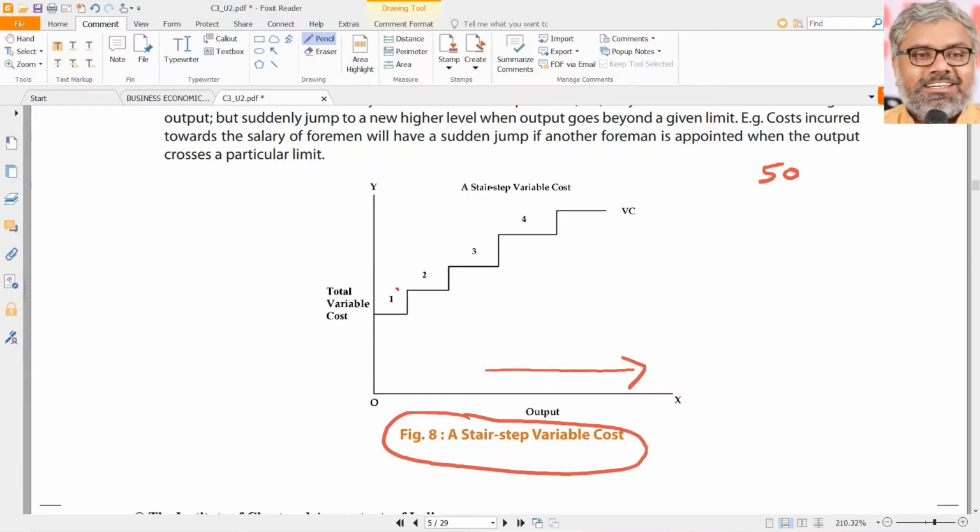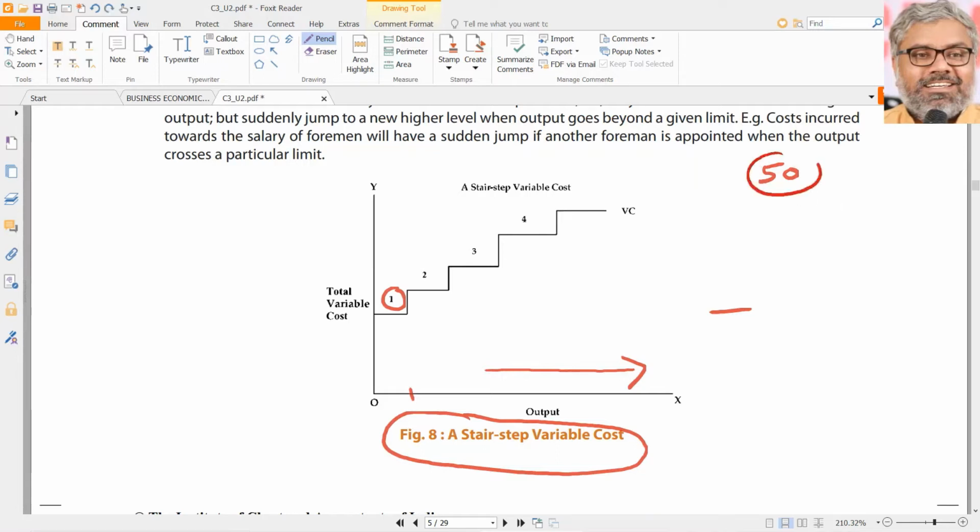Let us take this example only. Let us say one bus is enough if the level of activity is up to 50 students. One bus enough means whatever the bus charge will be, that will be fixed. So to that extent, it is fixed. But up to what? Up to only this level of activity, in this case number of students of 50.